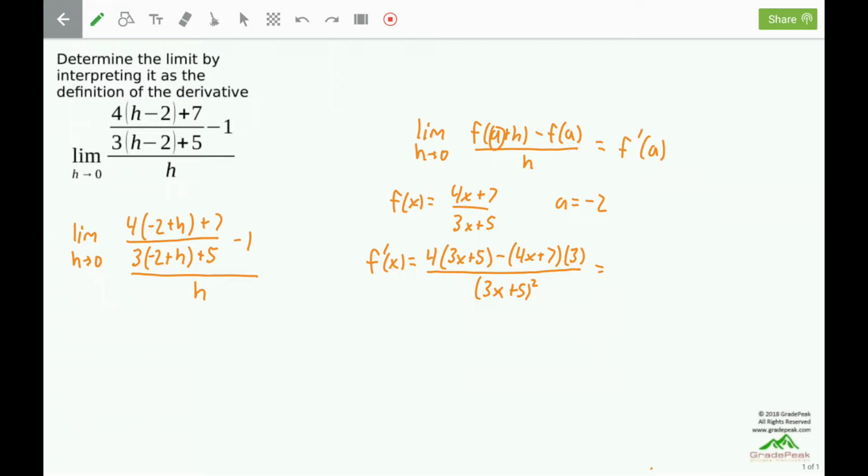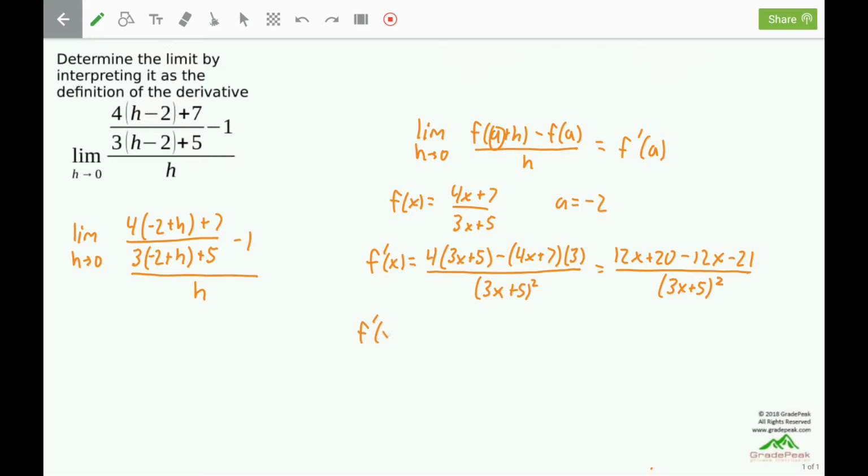In the numerator, let's distribute the 4 into here. That will give us a 12x plus a 20, and the negative 3 into here, and that will give us a negative 12x, and then minus a 21, all over 3x plus 5 quantity squared.